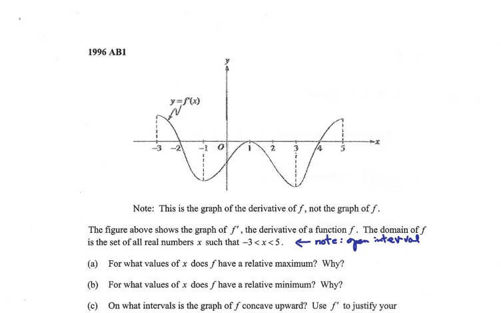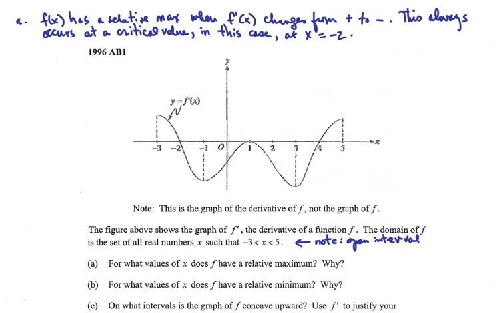So let's get started. For what values of x does f have a relative maximum and why? I state that f of x has a relative max when f prime of x changes from positive to negative. This always occurs at a critical value, in this case at x equals -2. Remembering what a critical value is, it's a place where the first derivative is 0 or does not exist.